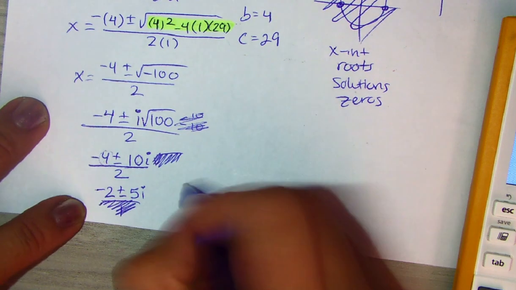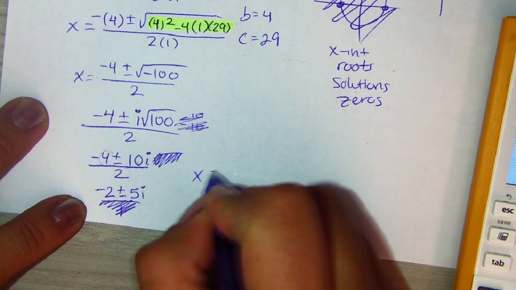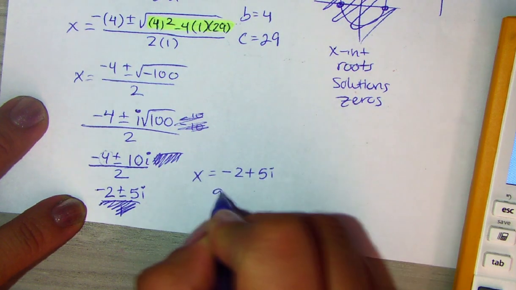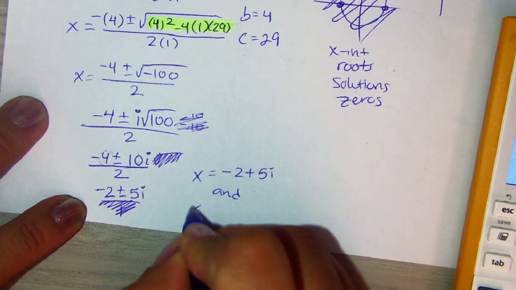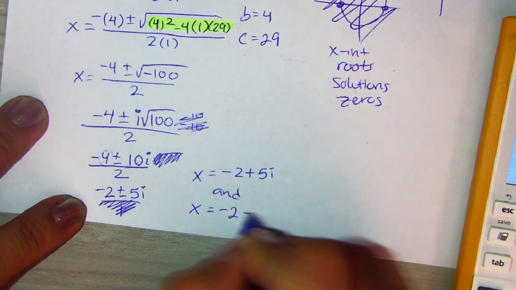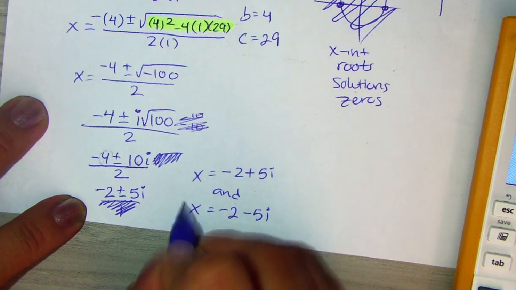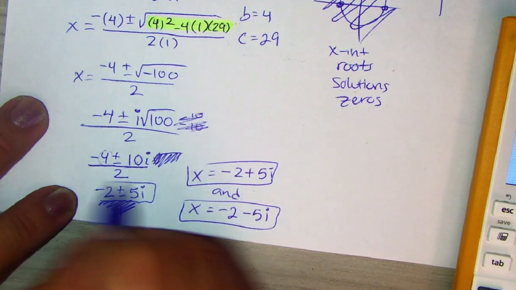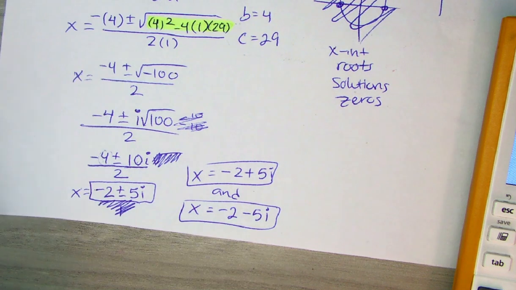So here we have the answers that are going to be negative 2 plus 5i and negative 2 minus 5i. So this is how they will look separately, and this is how they will look together. And that's it.